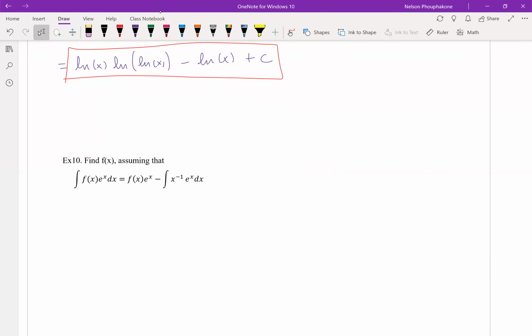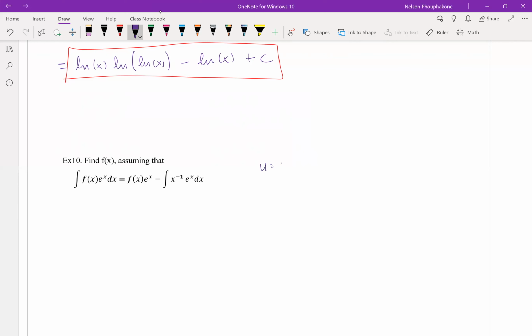Okay, the last one. Now this one right here, I would like to find out what f of x is equal to. Assume that the integral of f of x e to the x dx is equal to f of x e to the x minus the integral of x to the negative 1 e to the x dx. In this case, we are going to work with integration by parts.